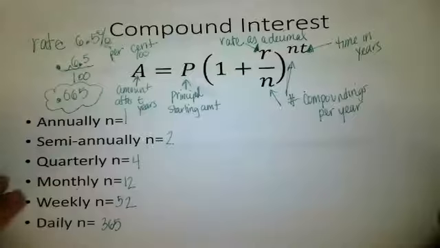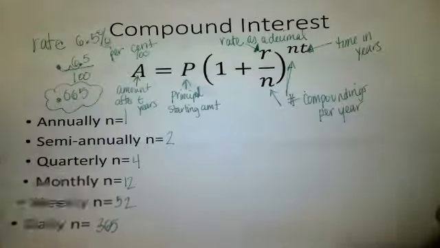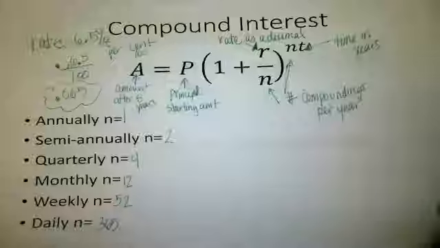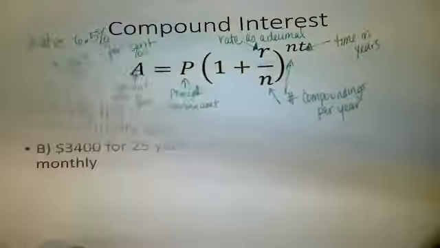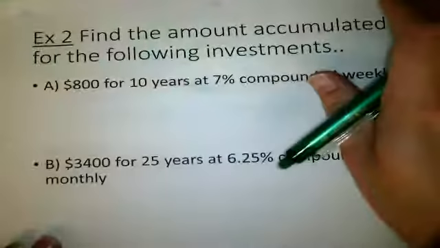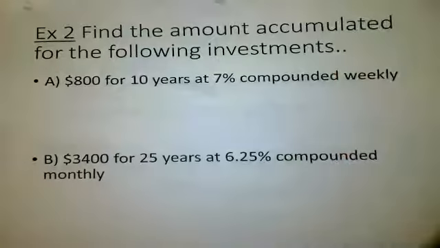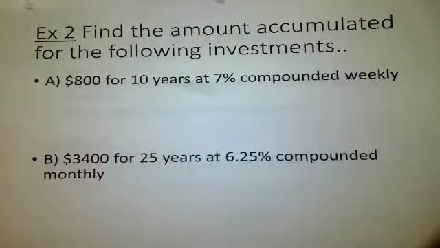All right. So we're going to use that model to figure out example 2. Example 2, find the amount accumulated for the following investments.